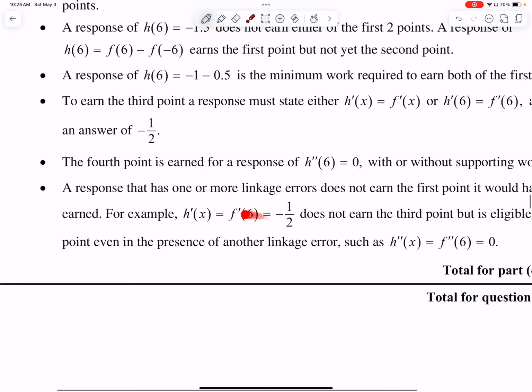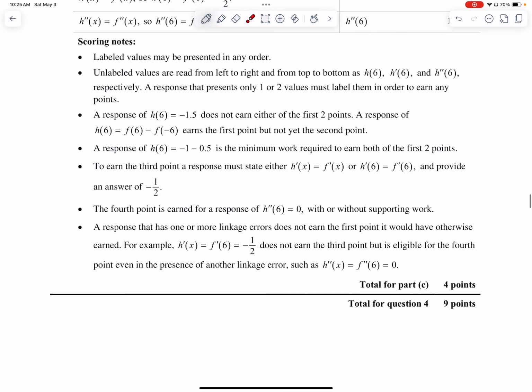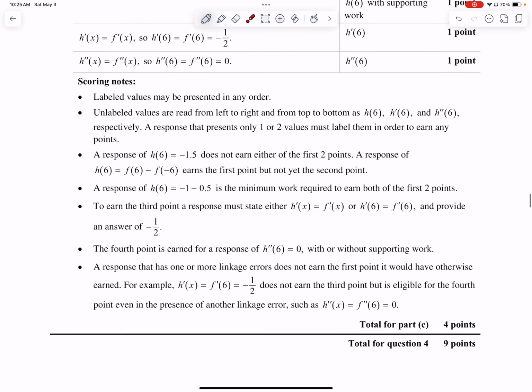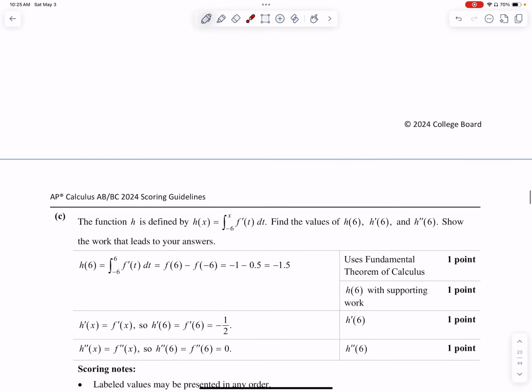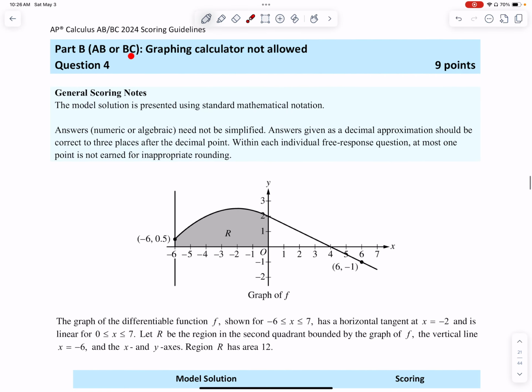So they would not give you that point, but it is eligible for the fourth point even in the presence of other linkage errors. So in other words, if you made the mistake once, they don't just continue to deduct points from you. Okay, so that should conclude this calculator inactive, both AB and BC question, really, which was more or less about the fundamental theorem of calculus, finding some area underneath the curves and stuff like that.